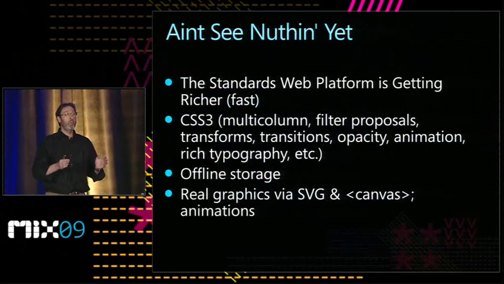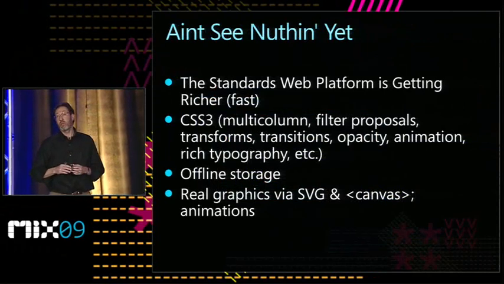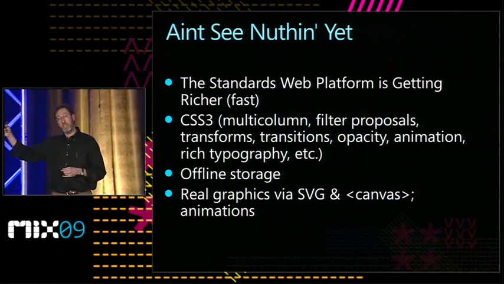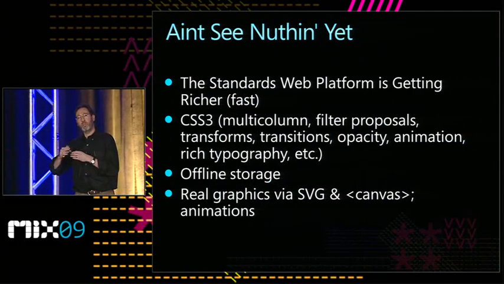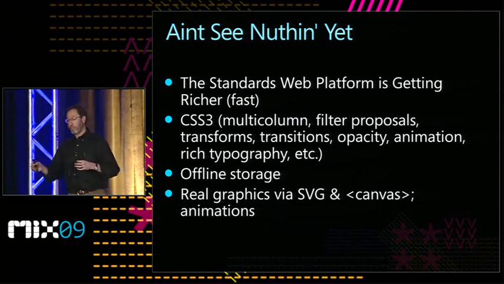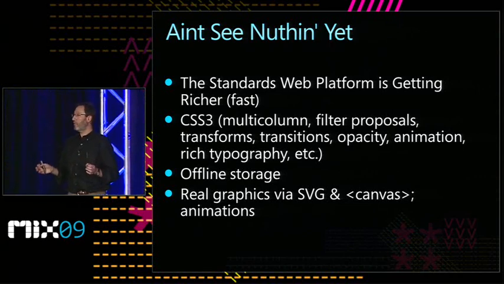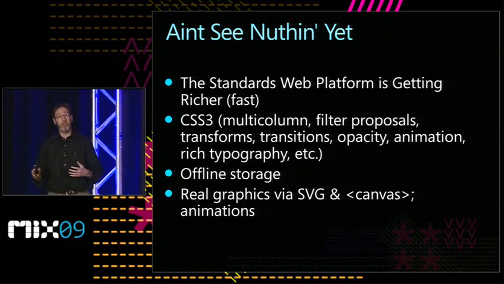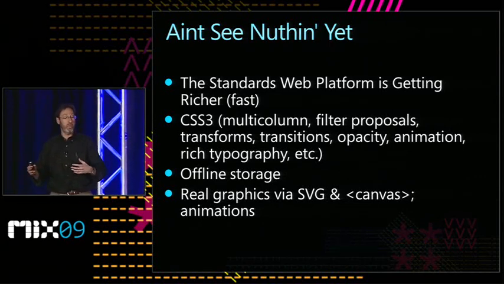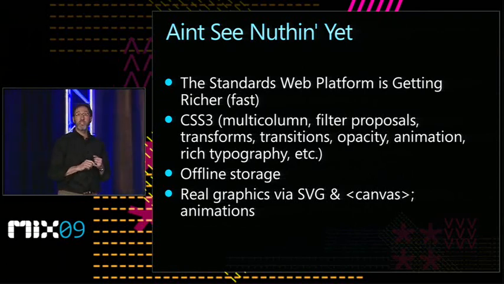So my point in bringing this up is we've seen Web 1.0 technology, we've seen Web 2.0 technology, and we're sort of on the cusp of Web 3.0. CSS3 and HTML5 are going to give us capabilities that really we haven't seen before.